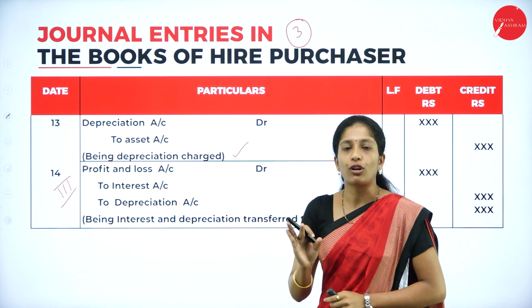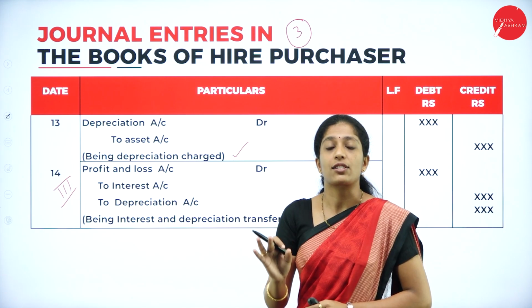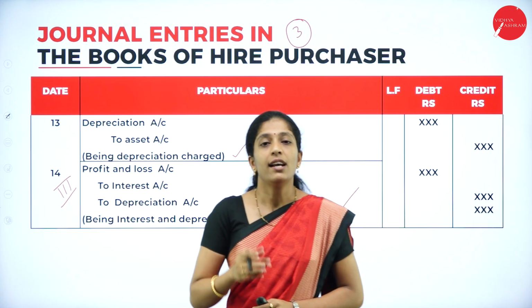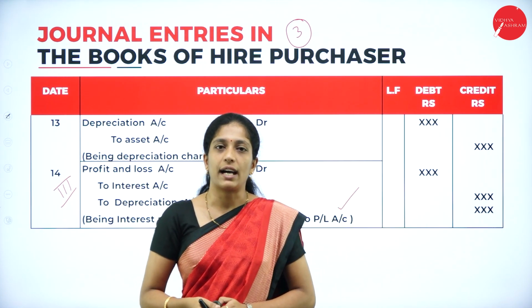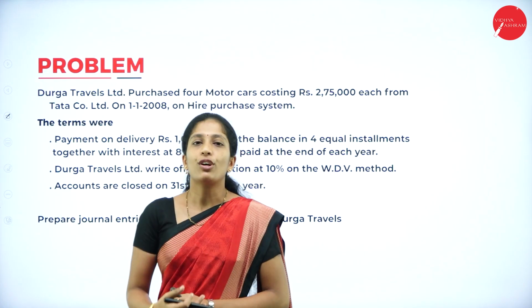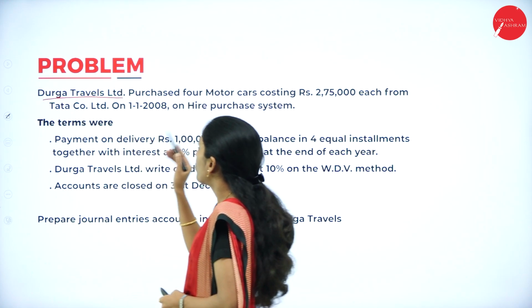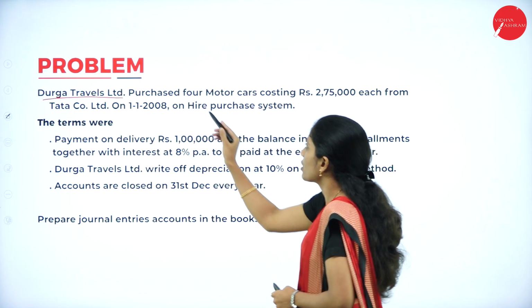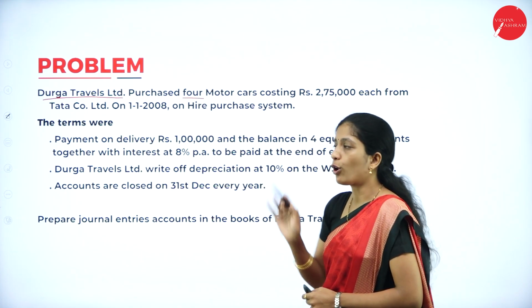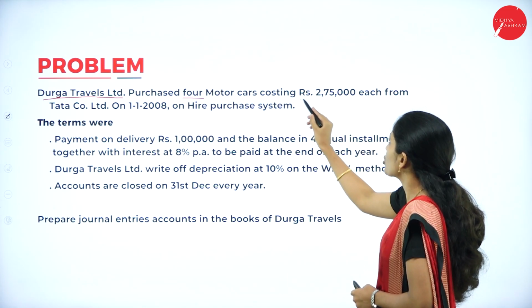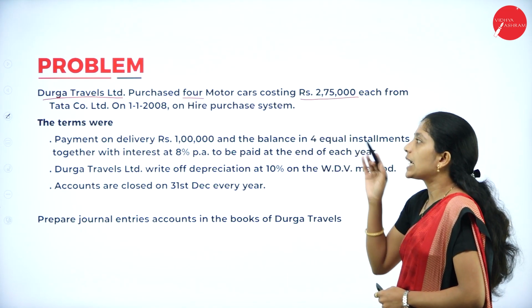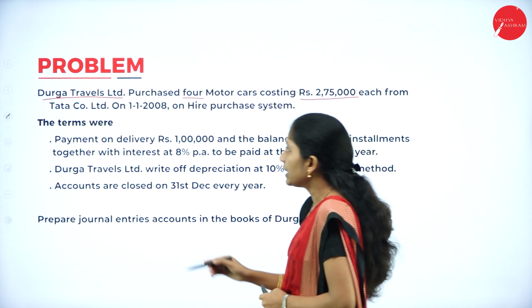Now, we shall go through a problem so that you can clearly understand how we are going to prepare journal entries in the books of hire purchaser. Now, go through the problem here. Durga Travels Limited purchased 4 motor cars costing rupees 2,75,000 each from Tata Company Limited.